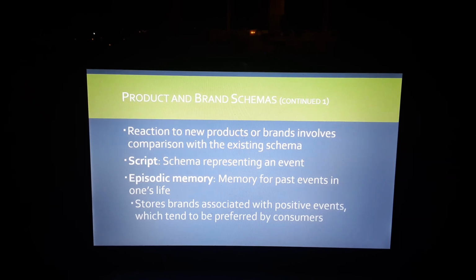And then episodic memory is something that you actually experienced. So if something is related to some sort of positive activity that's occurred in your life, then you're going to be more likely to buy it than you would be otherwise.